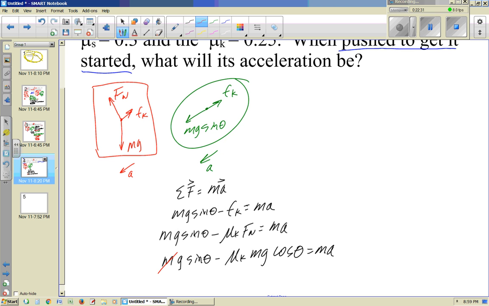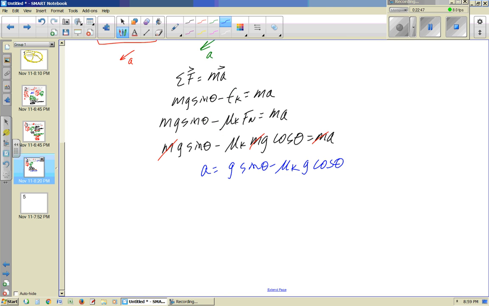Okay, get rid of the m's. Solve for a: a equals g sine theta minus mu k g cosine theta, and we'll do the substitution.